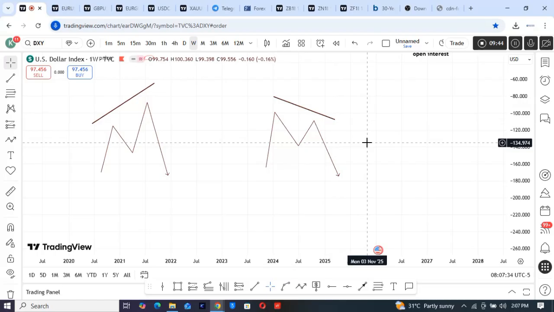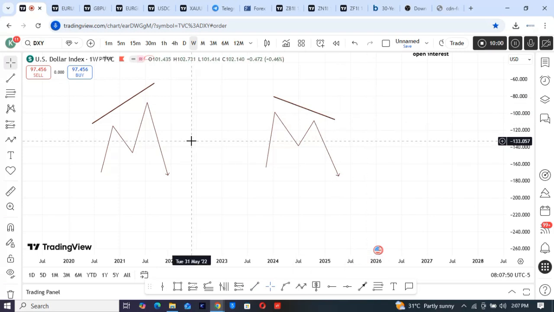Then we're in for a substantial move in a particular direction over a long period of time, either bullish or bearish, all depending on your narrative.